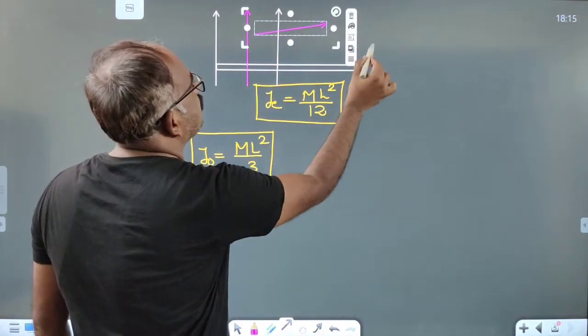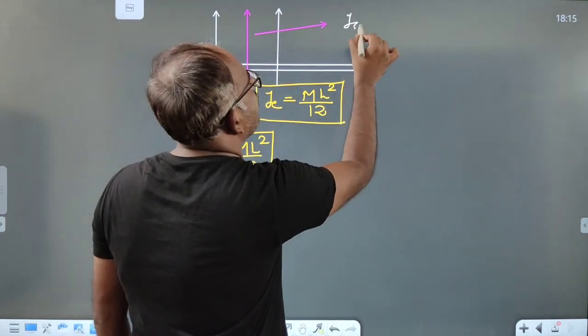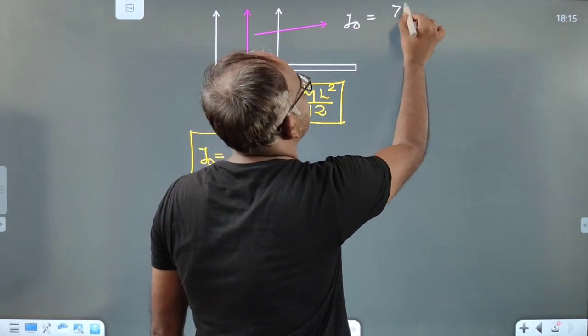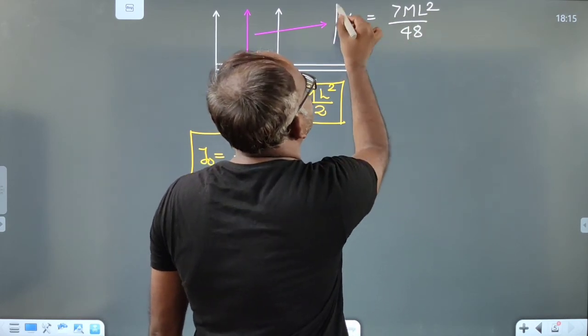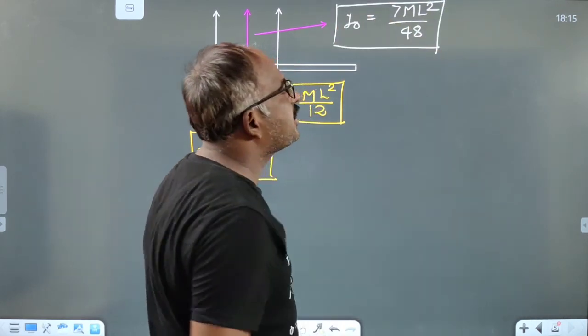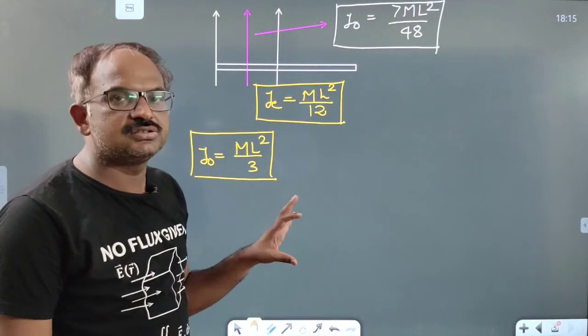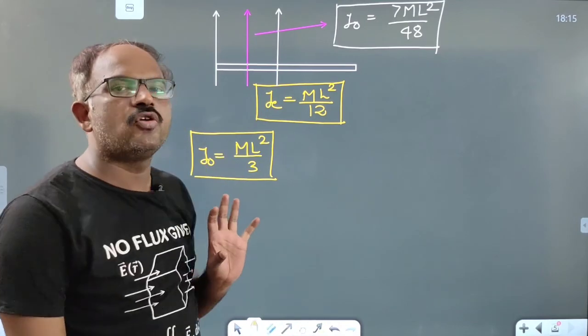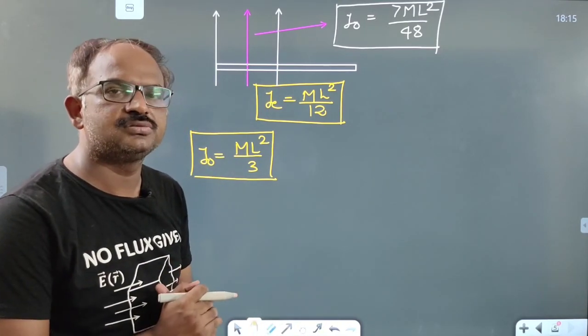Here we have the value of M.I. equal to 7 ML square by 48. So these two are applications of the principle of parallel axis in the case of a thin uniform rod.